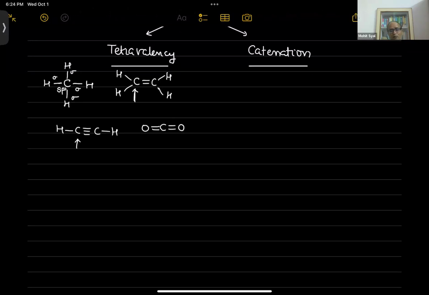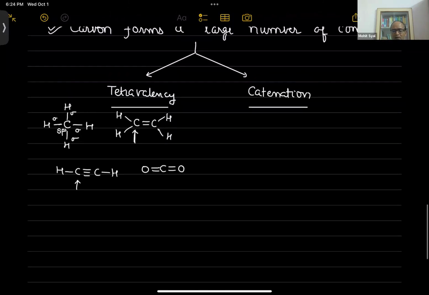You need to count only the sigma bonds and lone pairs. You do not have a lone pair. So how many sigma bonds are there? Four. Sigma, sigma, sigma, and this is pi.